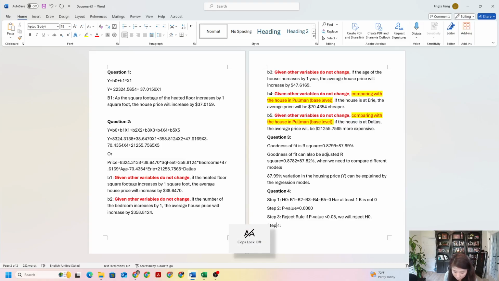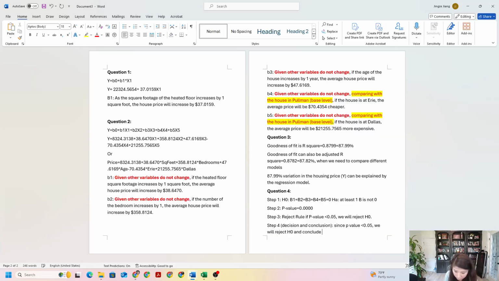Okay, step number 4, your decision and conclusion. What is your decision and what is your conclusion? Look, the p-value is 0.0000. Since the p-value is smaller than 0.05 in this case, we will reject H0 and conclude.